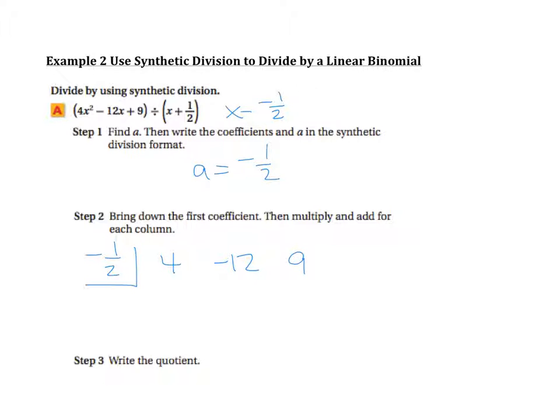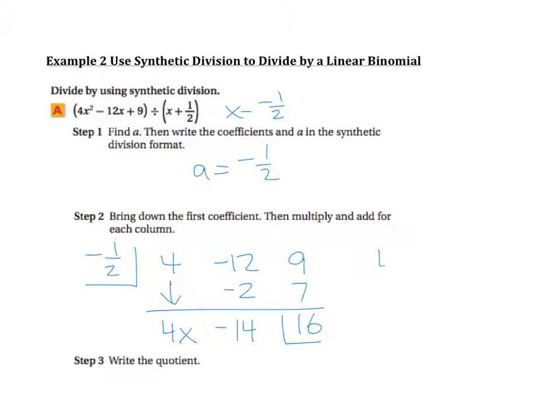And then this number down here will be your remainder. So you bring the first one down, then multiply, add, multiply, add.